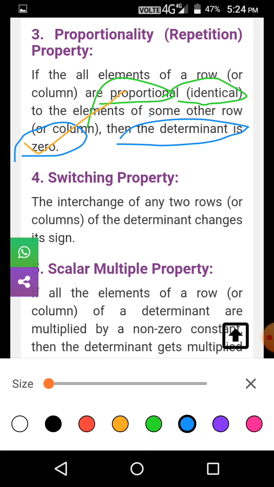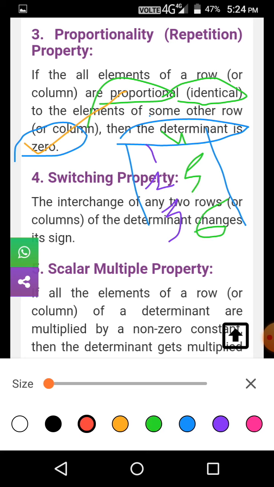Now the switching property. What is the switching property? The interchange of any two rows of the determinant changes its sign. If you change two rows, then the sign of the determinant changes. Suppose we have a determinant here with entries 1, 2, 3, and another with 4, 5, 6.